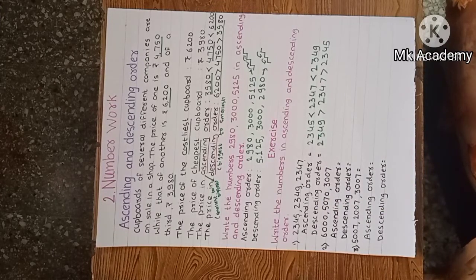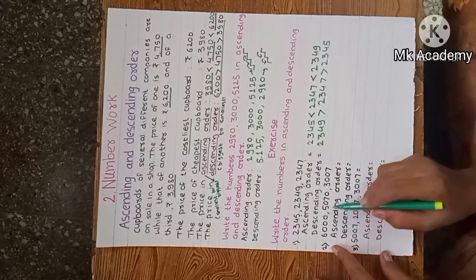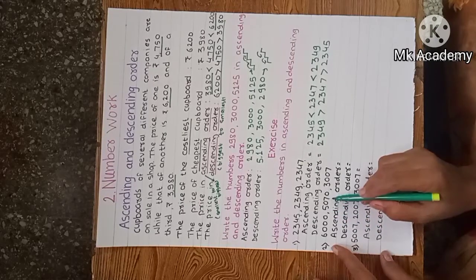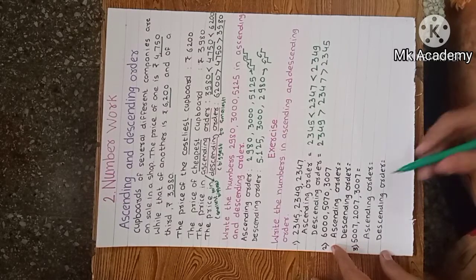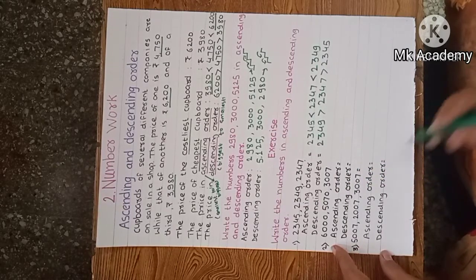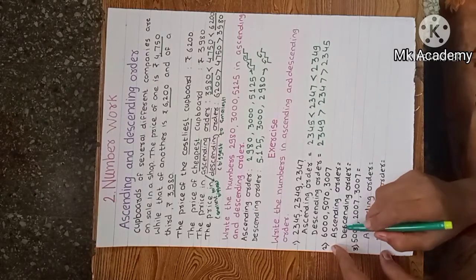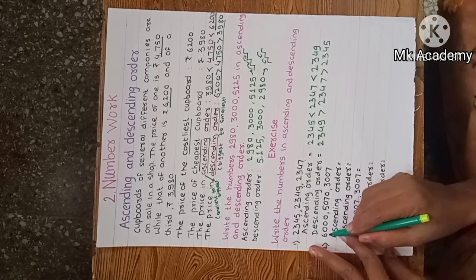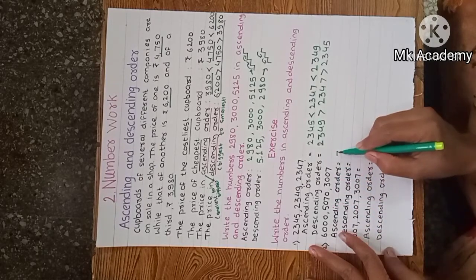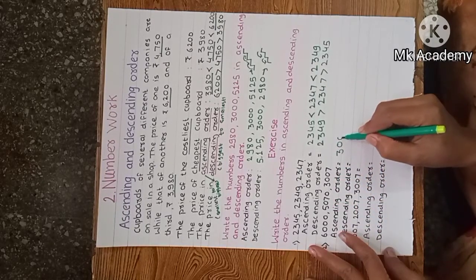Understood? Now see the next example. 6000, 5070, 3007. We have to write down ascending order first, then descending order. In ascending order, we have to write down the smallest number first. Which is the smallest number? Yes, this is the smallest number, 3007.